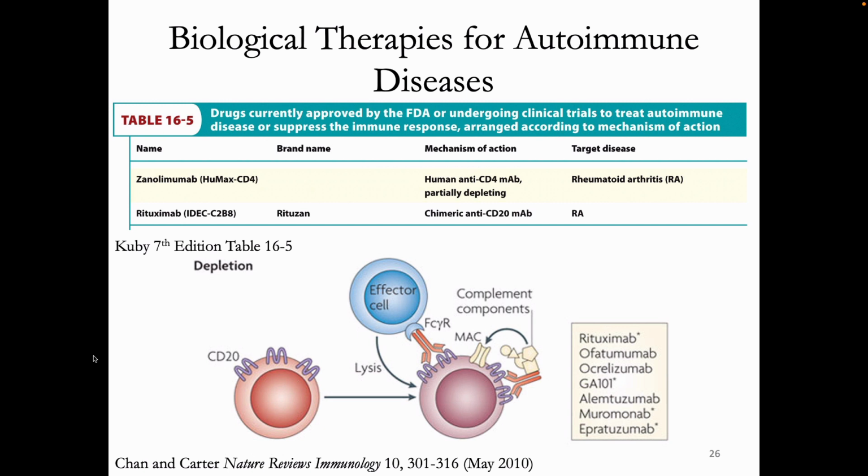That antibody will bind CD20 on the surface of a cell, and we'll have an effector cell, probably an NK cell, killing this cell that had CD20 on the surface. The reason why that's interesting and important is that CD20 is on activated B cells, pretty much all activated B cells. And so in this case with rituximab, we are going to kill the activated B cells. If we were looking at xenolinumab, we'd be killing CD4 cells.